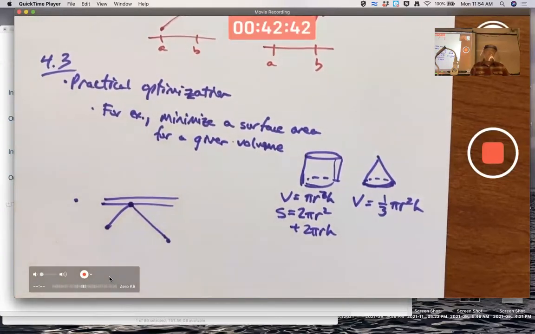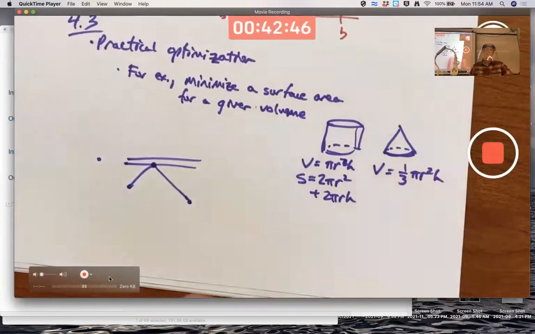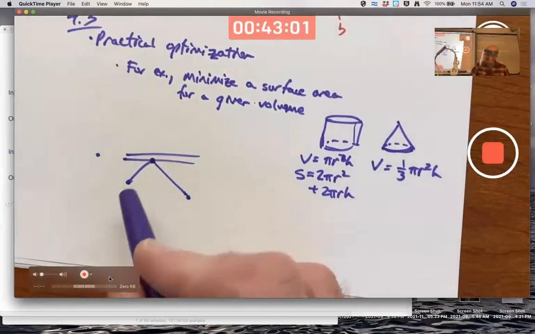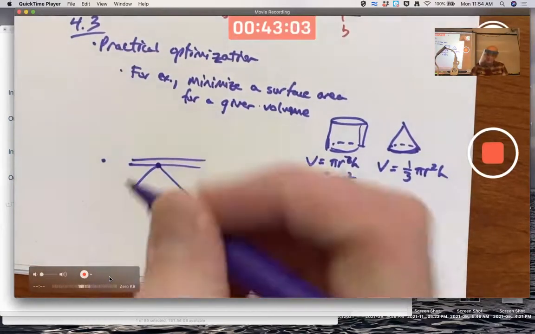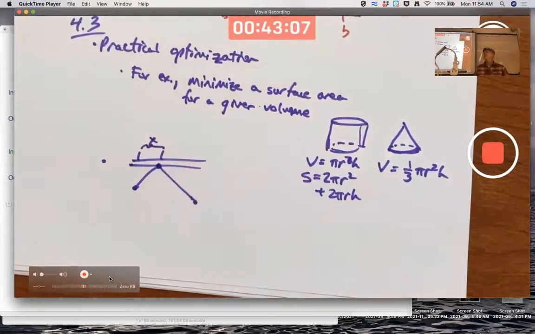If I gave you a problem like that, I'd probably give you a lot of help to avoid algebra mistakes. But theoretically, you should know the basic idea of how to do it. You still find the derivative, set it equal to 0, solve for the critical points. Try to minimize a total distance here by choosing this distance, x, appropriately.